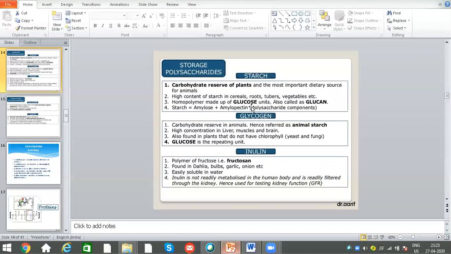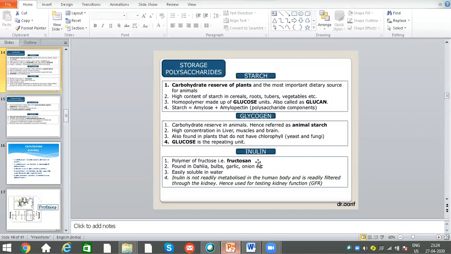But in glycogen, branches are present at every 8 to 10 glucose molecules, whereas in starch the branching is present at every 15 to 20 glucose molecules. So the branching is more intense in glycogen, and less branching is present in starch compared with glycogen.